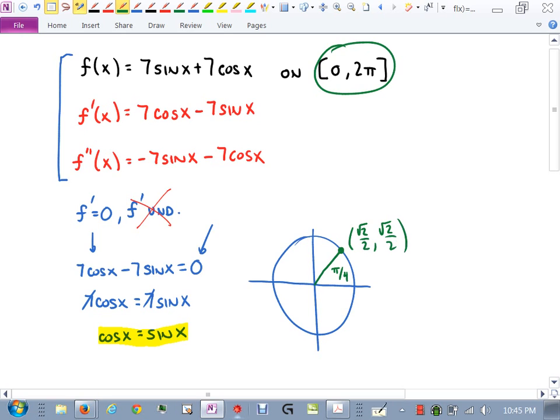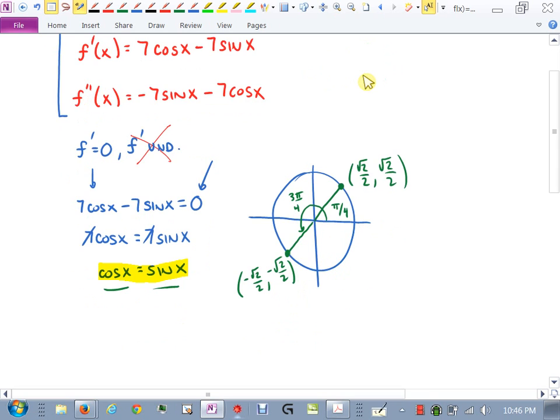So the x and y coordinates are the same, which means cosine and sine are the same there. So pi over 4 would be one angle. And if we go directly across from that, we get negative root 2 over 2, negative root 2 over 2. There the x and y coordinates are the same. The angle here is 3 pi over 4. So I have two places where my derivative is 0 in this interval.